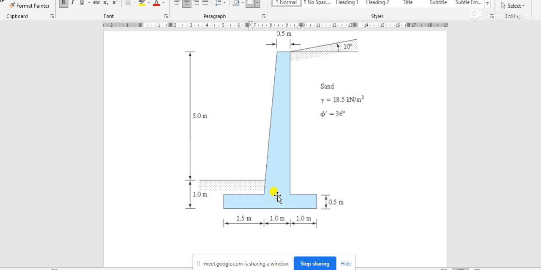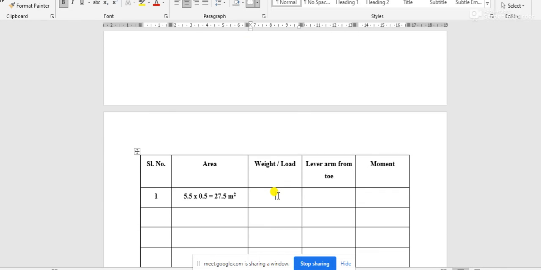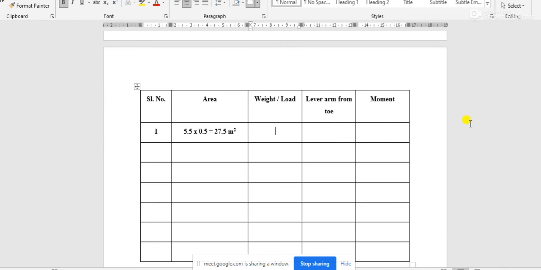Then the unit weight of reinforced cement concrete may be considered as 25 kilonewton per meter cube. Then 27.5 multiplied by 25, this is the total weight of this part.